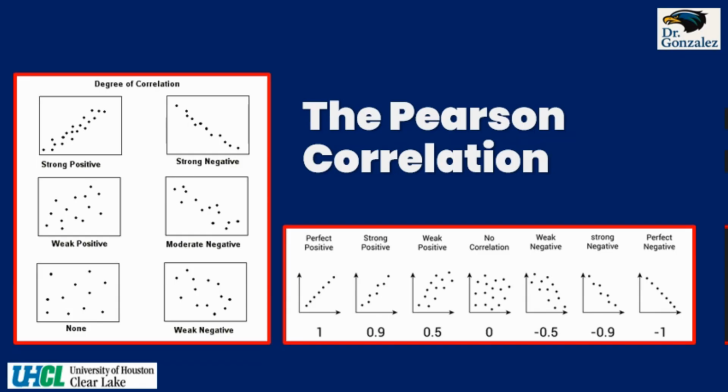You are not going to be required to do this math. However, I want you to understand the theory behind how they calculate the Pearson correlation. You will be responsible for taking a data set, opening it in Jamovi, and calculating a Pearson correlation and then later a Spearman correlation, okay?